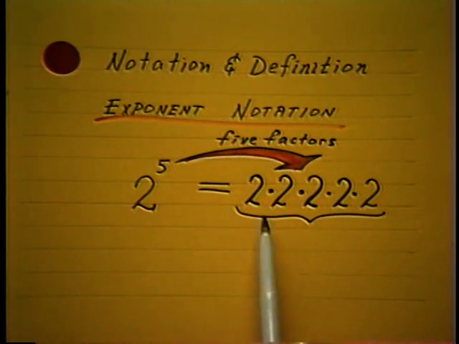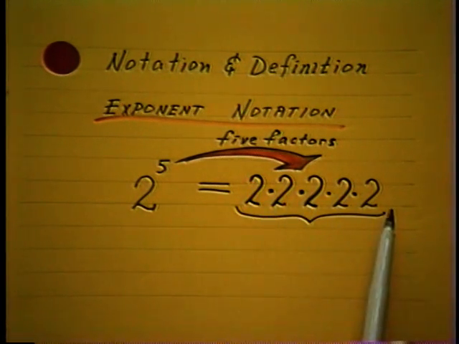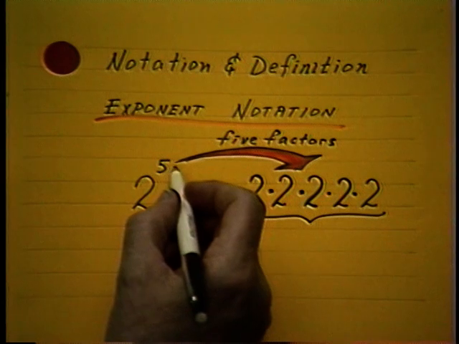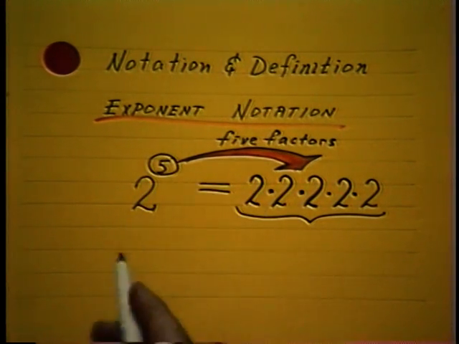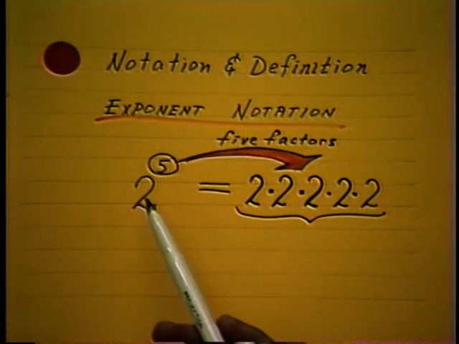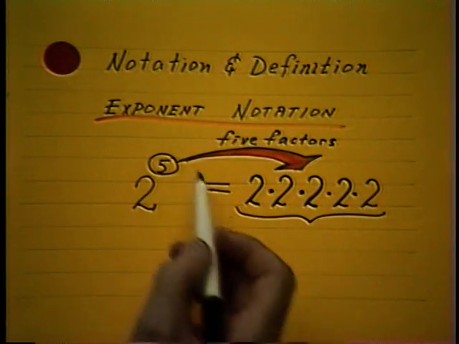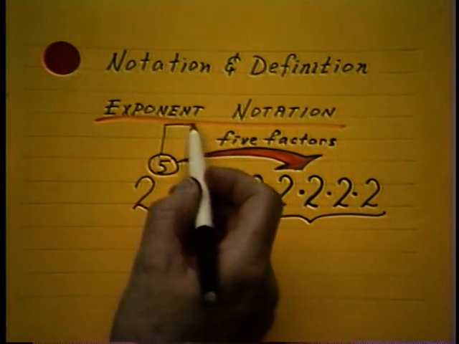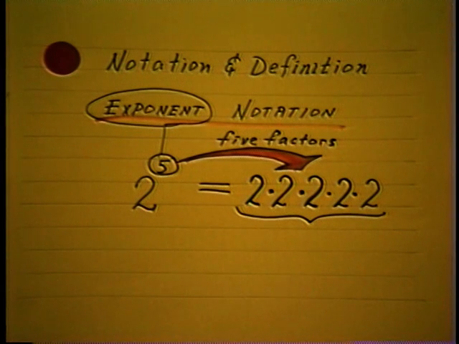See, this means this, and there's no 5 here, but there is a 5-ness here. So this number that's counting the number of factors I'm going to multiply, repeated factors, that number we will refer to as exponent.